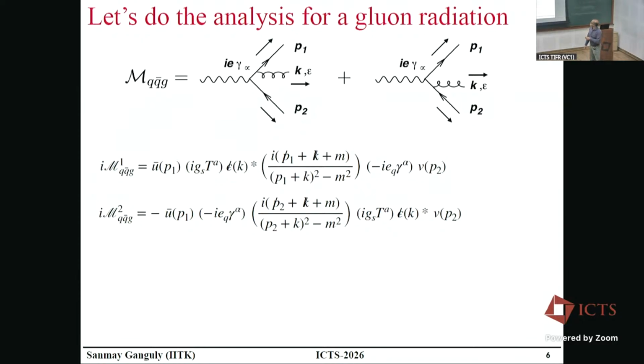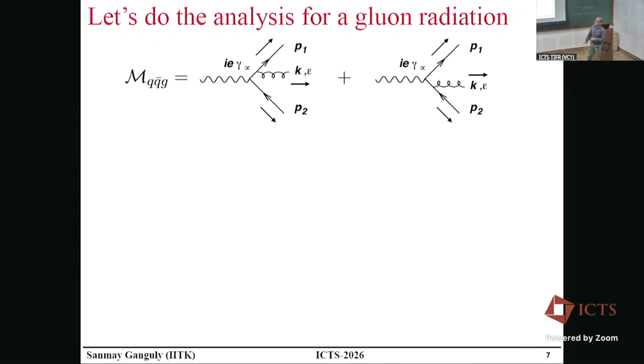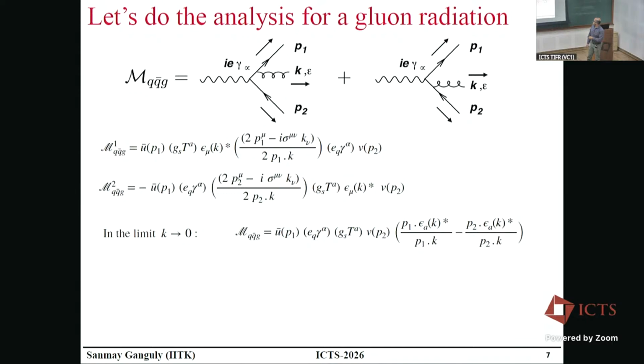For that, the most important textbook material we need to relook at is this: if we have a final state, let's say a quark line passing by and emitting a gluon, you open your QFT book and write down the amplitude. When you apply all those fancy spinor operations, you start getting the following. This is the amplitude, and the total amplitude is divergent.